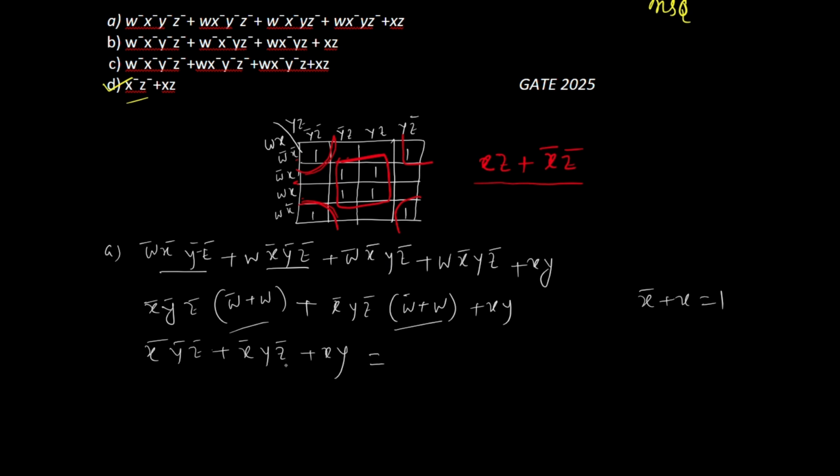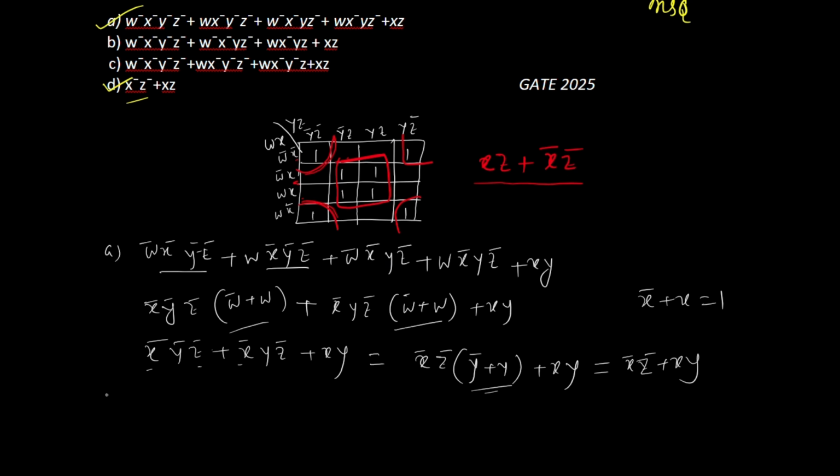So from here x bar z bar we take common, and remaining is y bar plus y, plus x z. Here we also get 1, so x bar z bar plus x z.